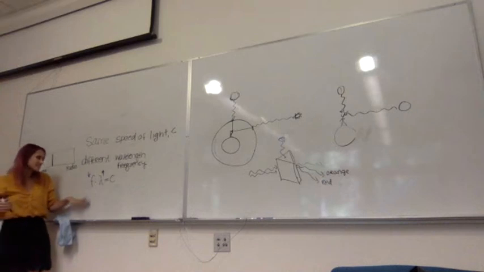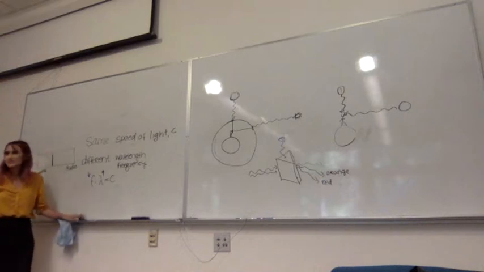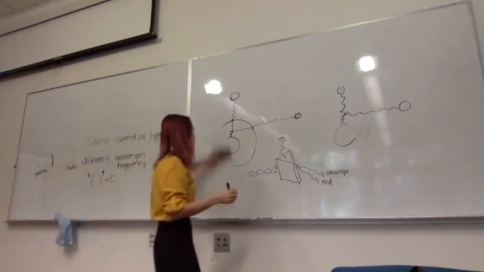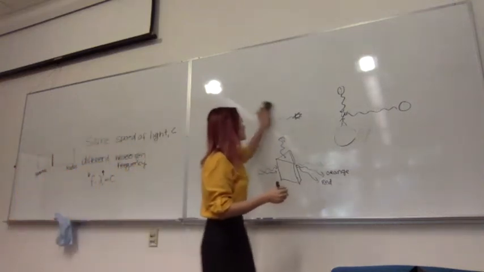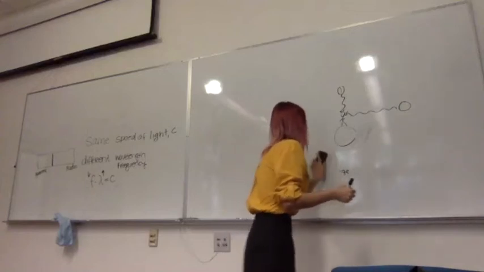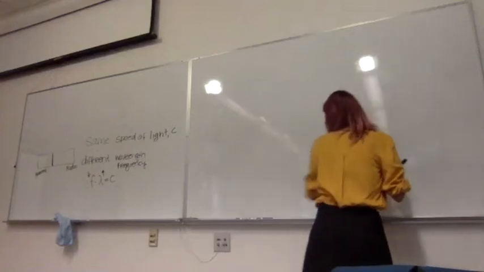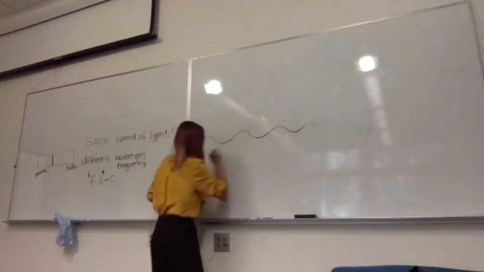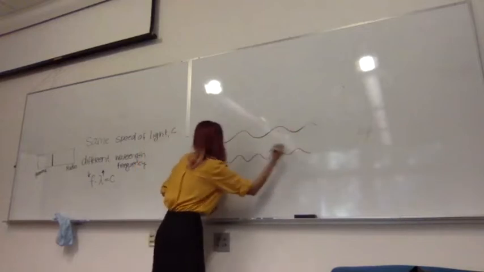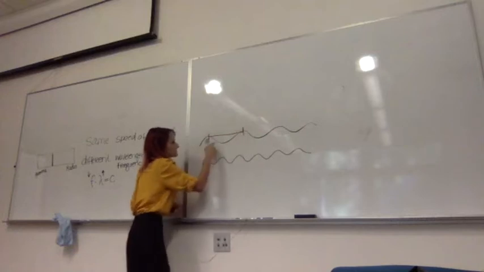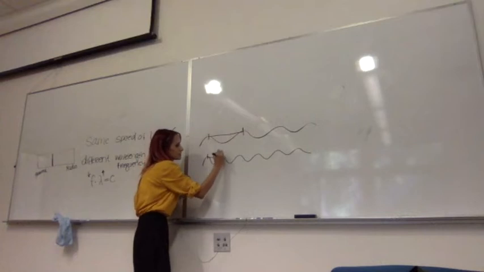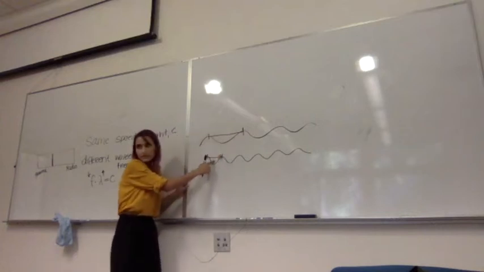Is frequency how close the waves are to each other? That's more like wavelength. Wavelength is how far apart the peaks are. So this has a longer wavelength than this does. Is frequency how often they peak? Yes.